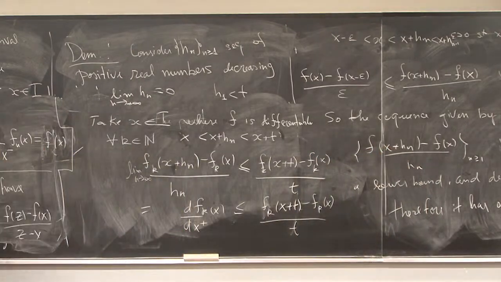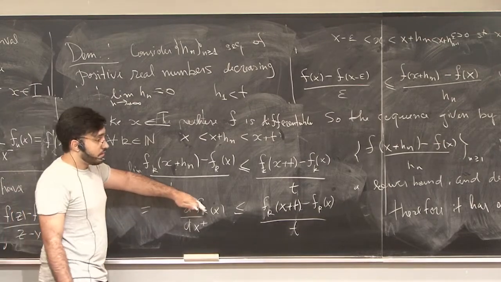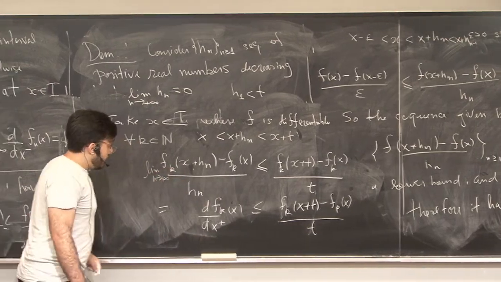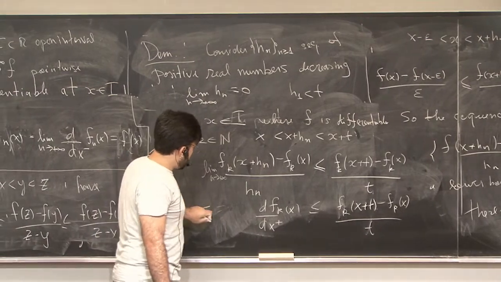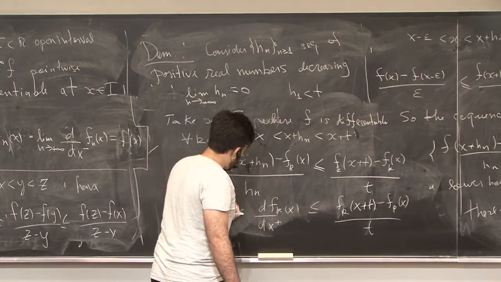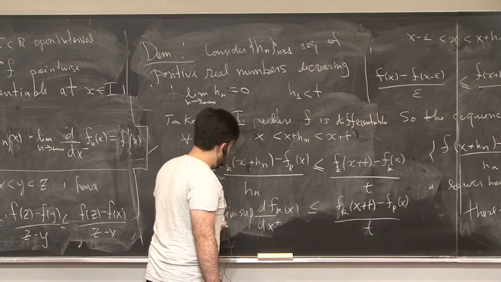Now I can't for sure guarantee the existence of the limit in k, but I can guarantee the existence of the limsup of the sequence in k.